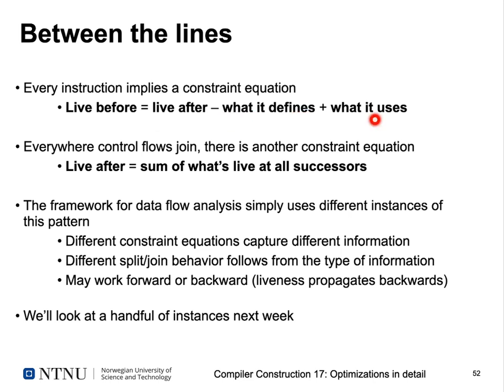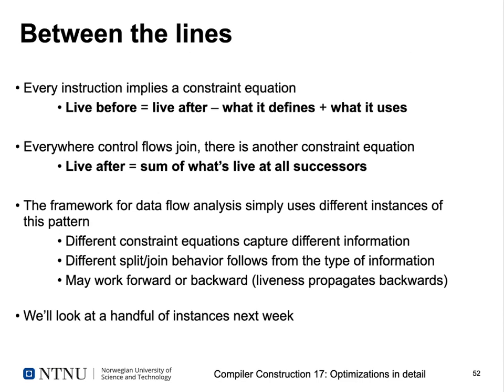And we add to this whatever is used in the instruction. And everywhere control flows join, we have an additional constraint equation, because we have to consider the union of all the live variables of all the successors to actually determine the live-after set wherever the control flow diverges.